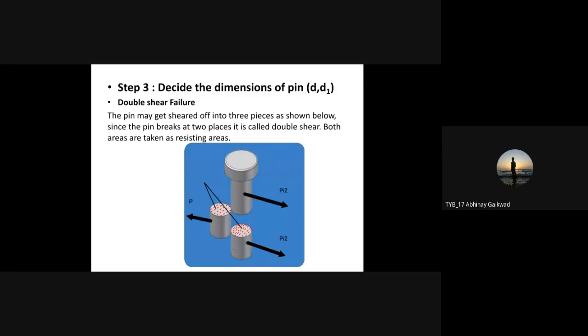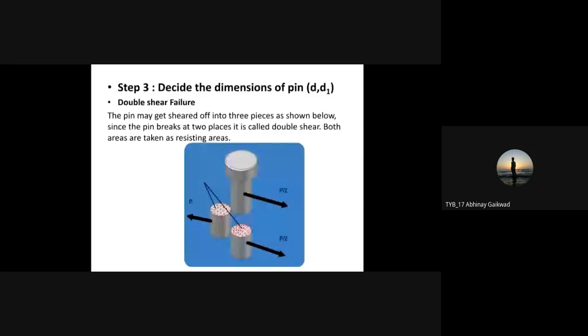Okay, so that diameter d1, small d1, which is denoted in the previous slide, that we are going to find out. Now here, when we consider the pin, that pin basically will undergo shear, and that will be the major stress induced in this pin.